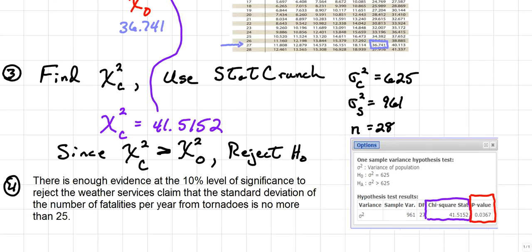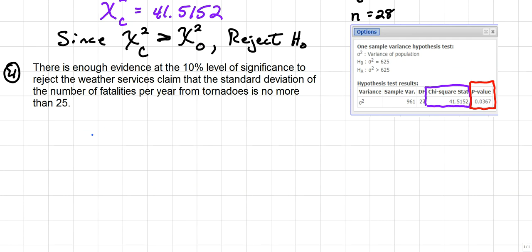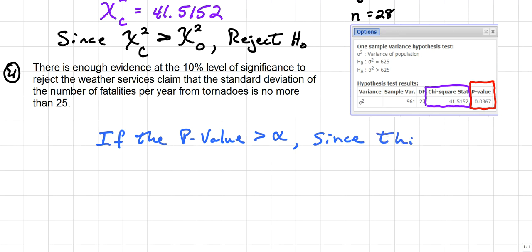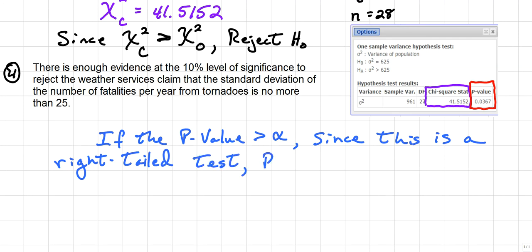And if the p-value is greater than alpha, since this is a right-tailed test, reject the null hypothesis.